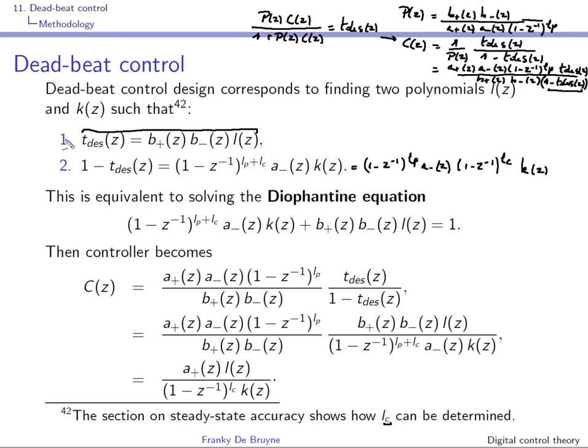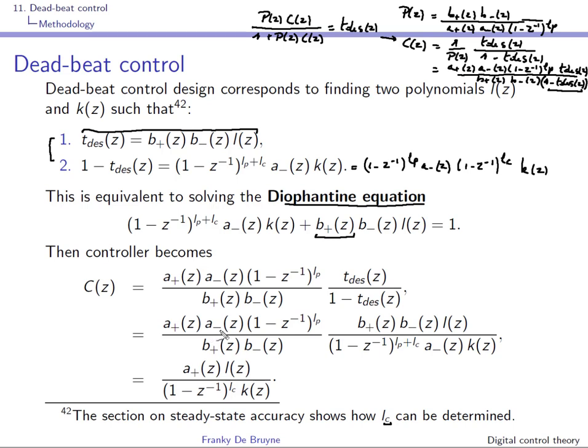So adding these two equations over here leads to the Diophantine equation that is over here. And if you compare with the one that is associated to minimum settling time control, the difference lies over here, right? We have kept B plus in our desired closed loop polynomial. So the controller is 1 over P T desired over 1 minus T desired.